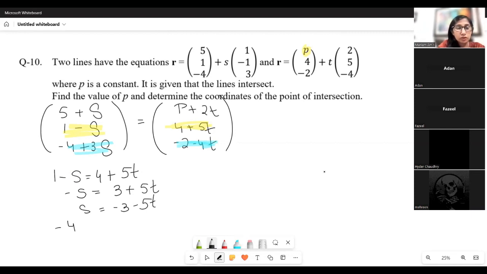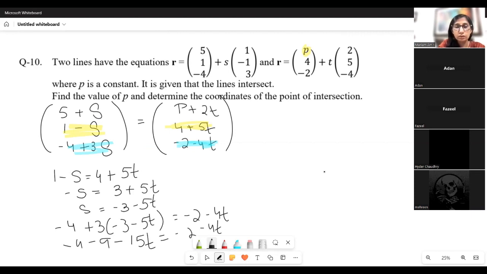Substitute it in the second equation, minus 4 plus 3 times minus 3 minus 5T equals minus 2 minus 4T. So minus 4 minus 9 minus 15T equals minus 2 minus 4T. So we have minus 11 equals 11T.